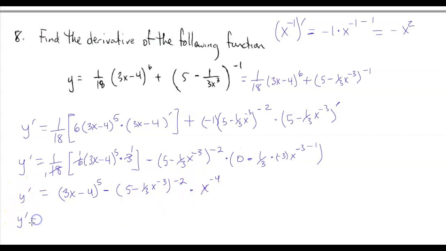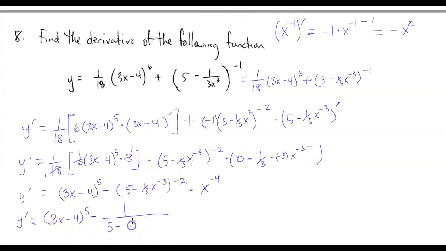So now from here, we'll try to clean up and make this as nice as possible. So this will be 3x minus 4 raised to the 5. And this looks like 1 over 5 minus, and I'll go ahead and rewrite it like how we had in the beginning.